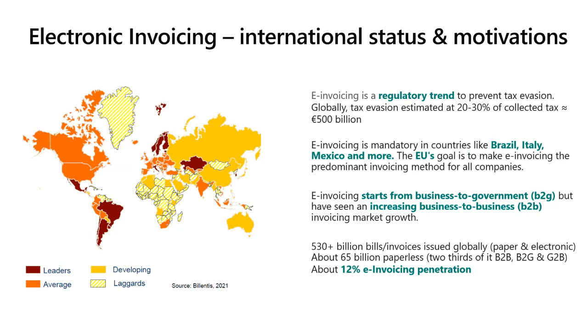The European Union has a goal to make electronic invoicing the predominant invoicing method for all companies. Electronic invoicing started as a B2G, business to government, scenario, but nowadays it is being expanded and is also fulfilling the business to business scenario in a growing market.